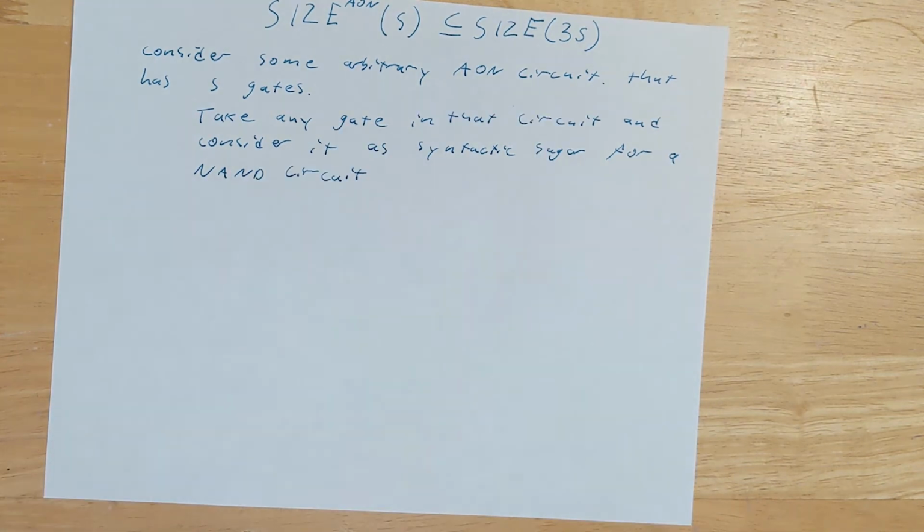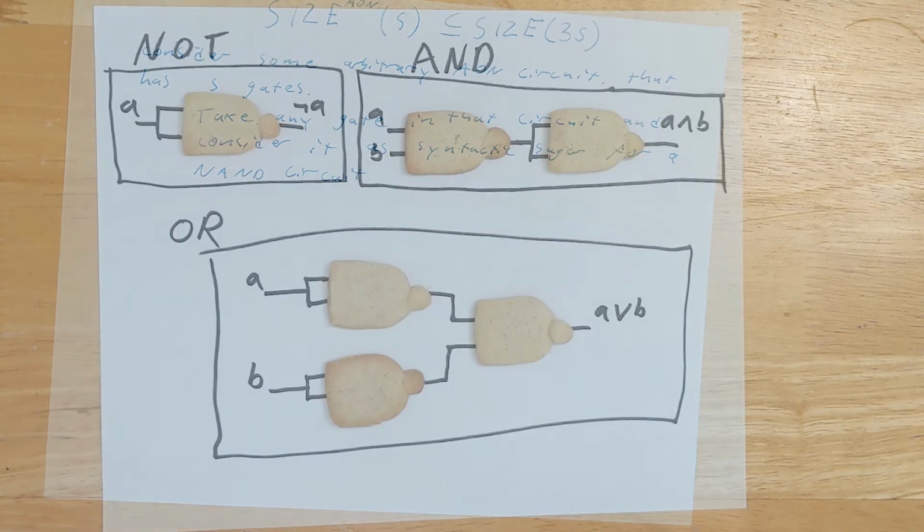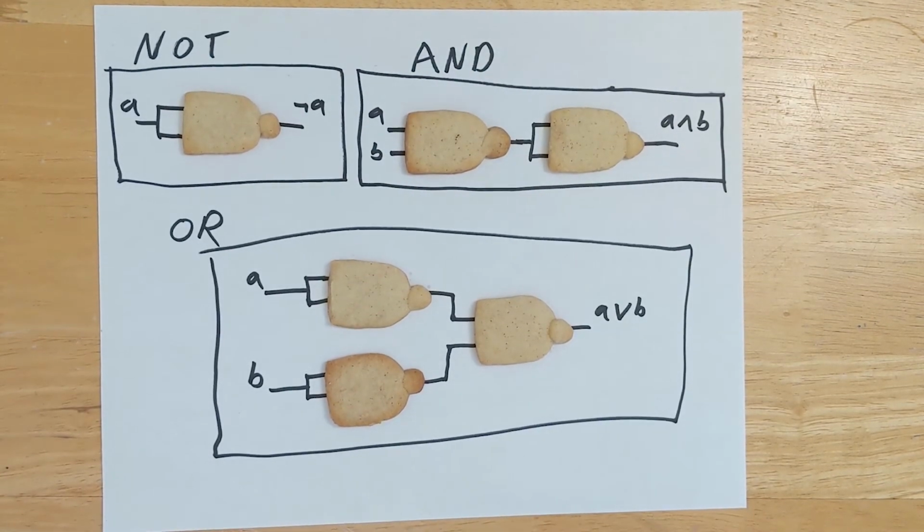So when we consider this AND, OR, NOT gate as syntactic sugar in a NAND circuit, we can think about how many NAND gates we are going to need to eliminate that sugar so that we only have NAND gates. To answer this question, we can look at our rules for how we could logically construct each of the AND, OR, and NOT gates using just NAND gates.